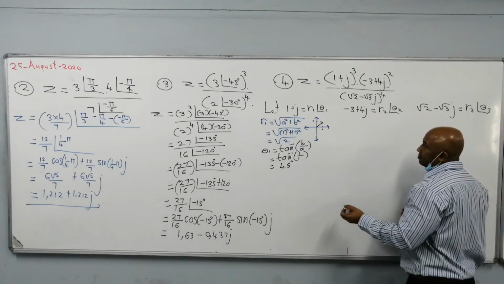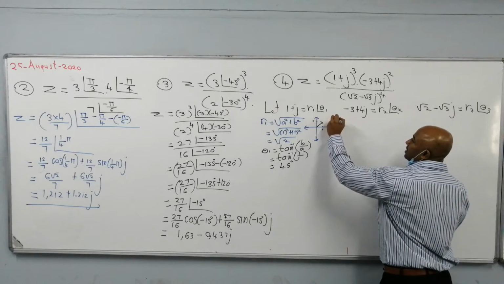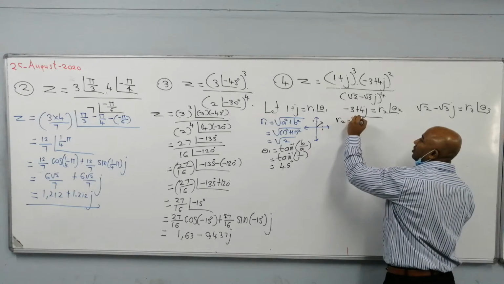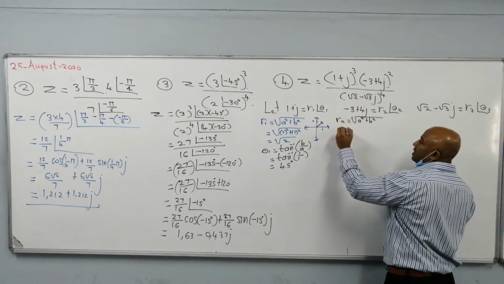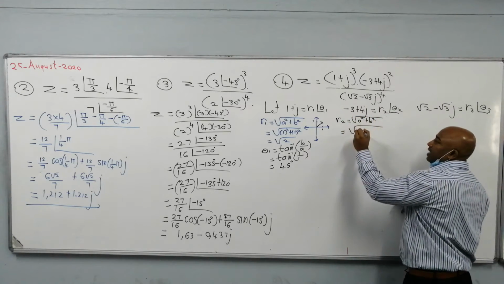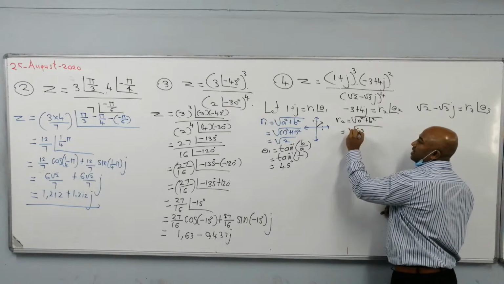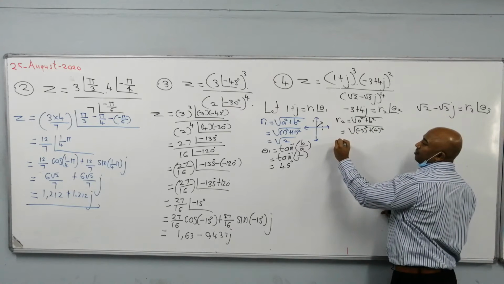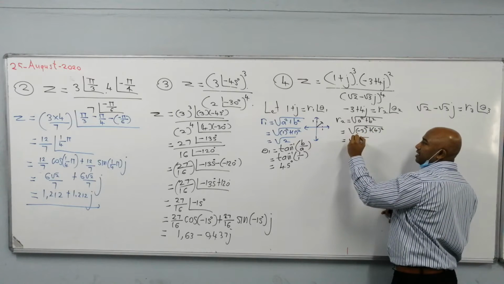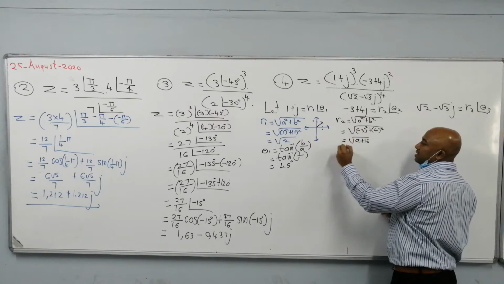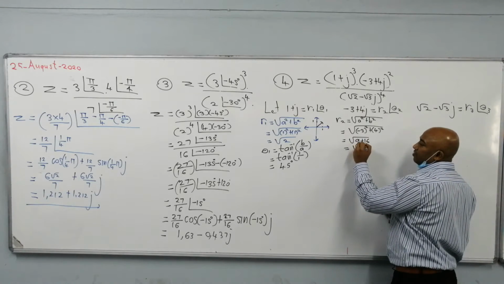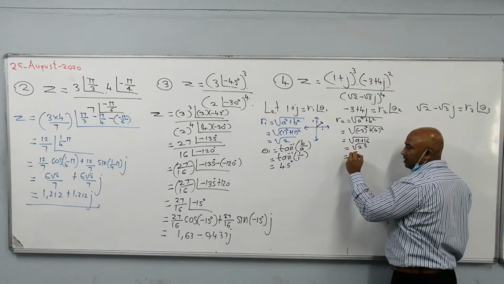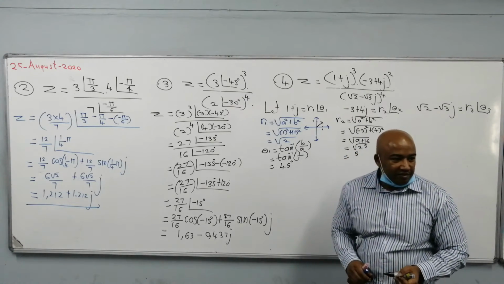Let's do it here now. R2 is equal to the square root of a squared plus b squared, so minus 3 squared plus 4 squared. That's 9 plus 16, which is the square root of 25, a perfect square, which is 5.